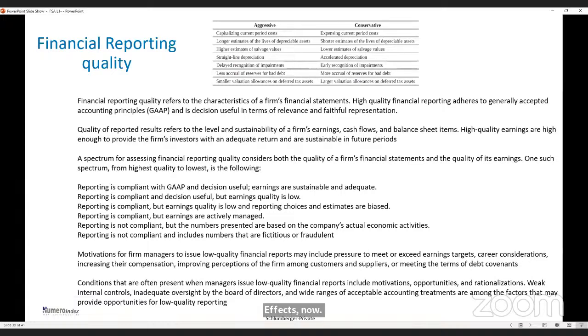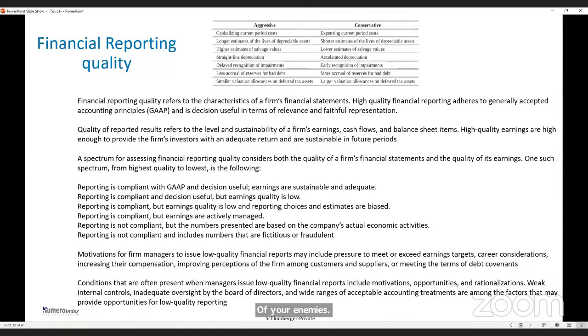You know, FX in Nigeria now, all the companies are declaring losses, but take away the FX loss. Are you reporting earnings that are sustainable? So high quality earnings are high enough to provide the firm's investors with adequate returns that are sustainable in future.